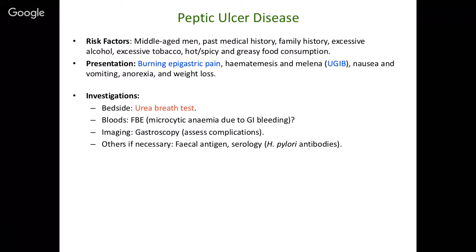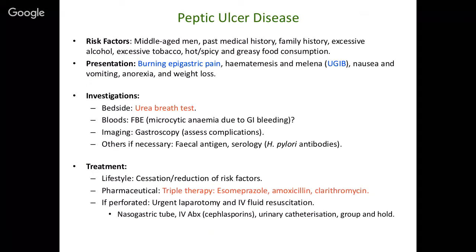In terms of treatment, lifestyle, always start with lifestyle, and it's just cessation of risk factors. Pharmaceutical, triple therapy. These are taken off the RACGP guidelines. So a proton pump inhibitor and amoxicillin and clarithromycin. They do also say that often with an amoxicillin allergy, you can replace that with metronidazole as well.